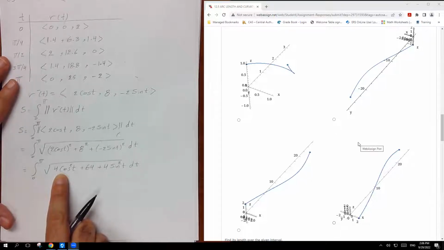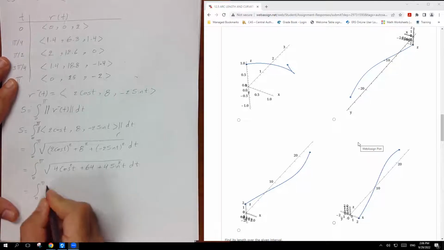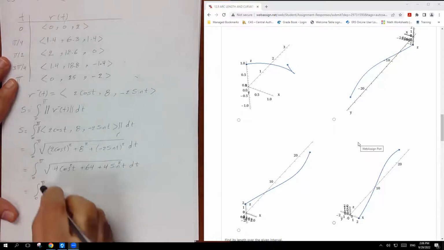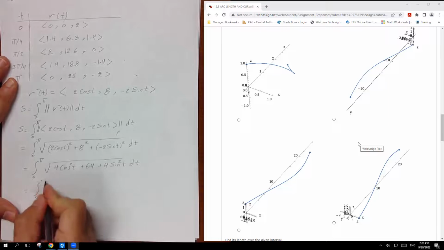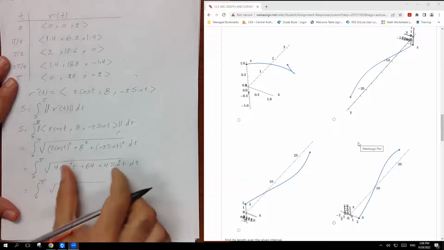I'm going to take the 4 as a common factor between these two terms.